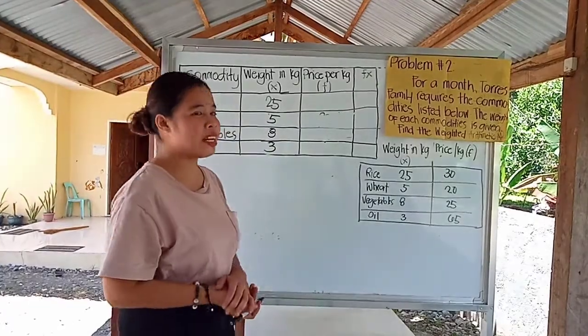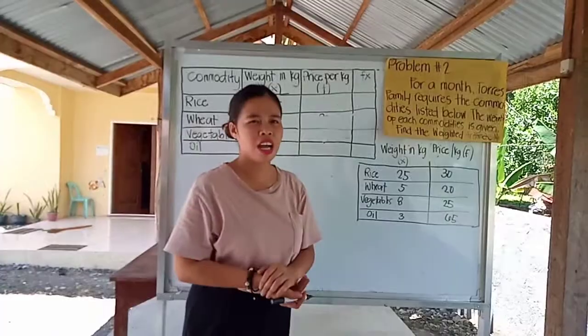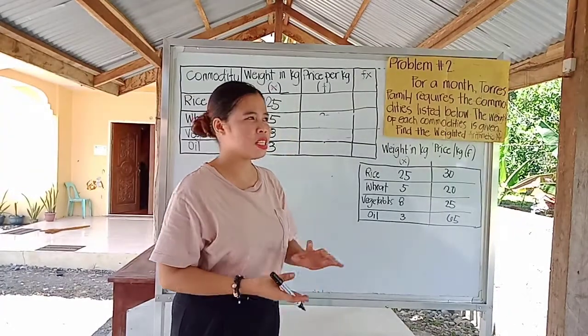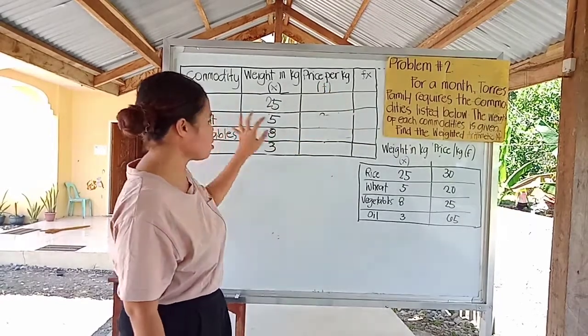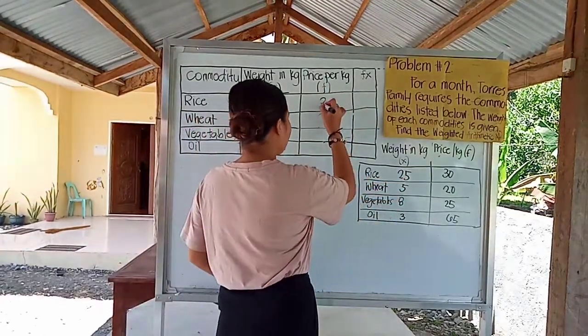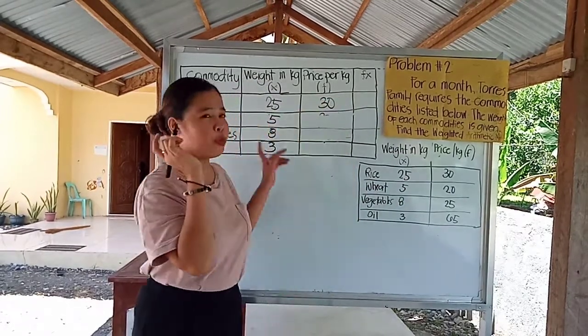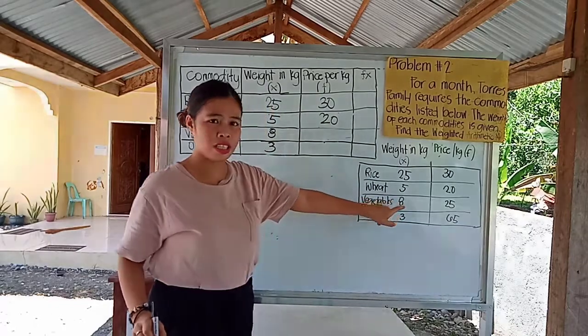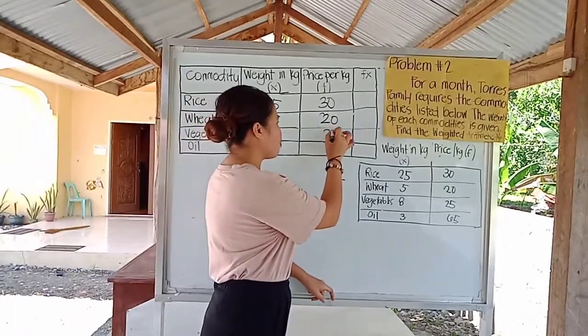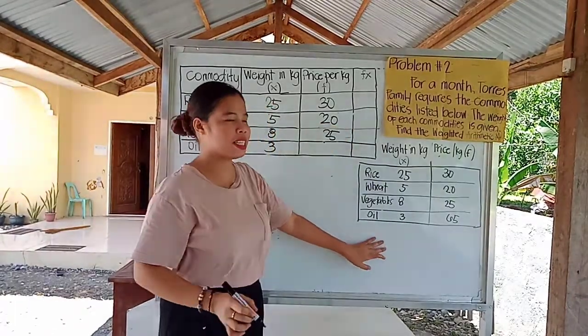Now, let's find out the F, or the sum of our respondents. So, the F here is our price per kilogram. The price of rice is 30, while the price of wheat is 20. The price of vegetables is 25, and the price of oil is 65.